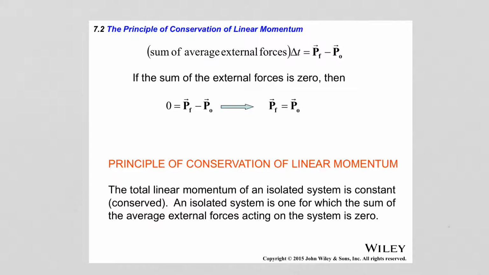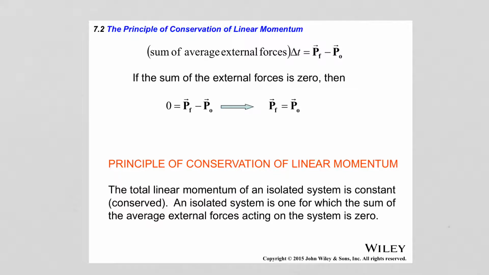That is a very good approximation of an example where the external forces are equal to 0, in which case the final momentum of the system of 2 molecules will be equal to the initial momentum of the system of 2 molecules.